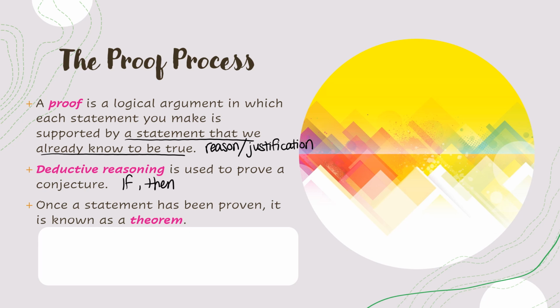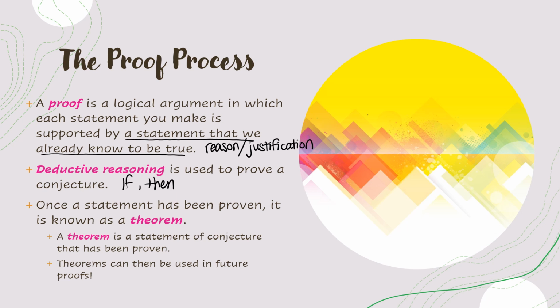All right, now once a statement has been proven, it can actually be known as a theorem. So a theorem is going to be some kind of if-then type of statement, a statement of conjecture that has been proven. Perhaps we proved it, perhaps it's been proven by others and we're just using it.